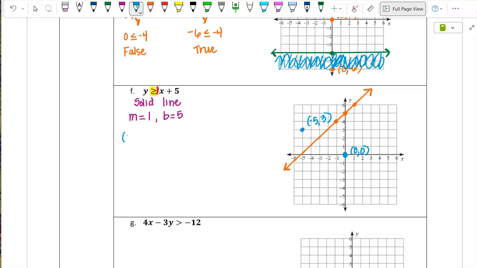So again, I'm testing 0, 0, and I'm testing -5, 3. And I expect one of those to give me a true statement, one of those to give me a false statement, and I want to shade the side that gives me that true statement.